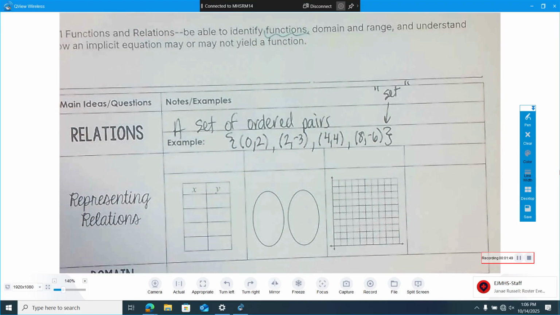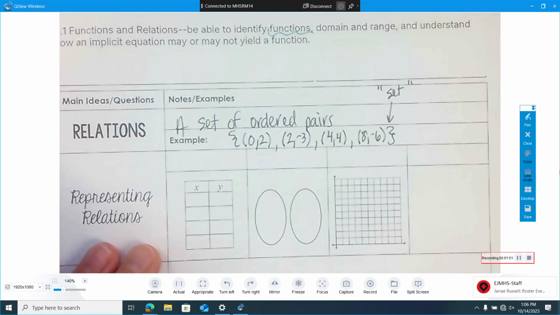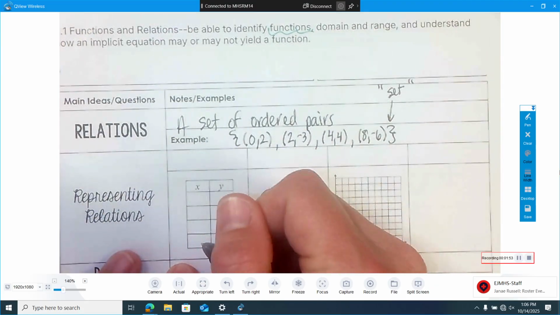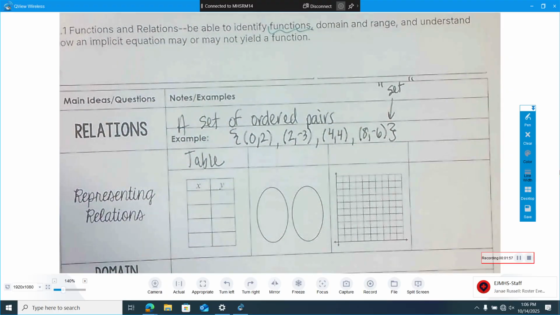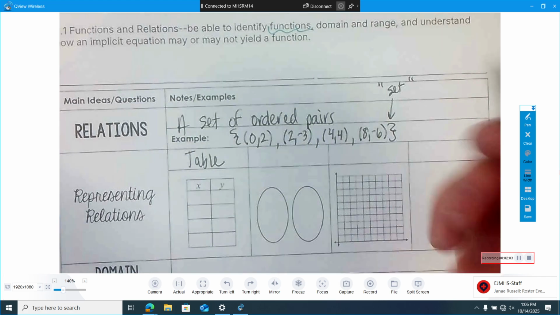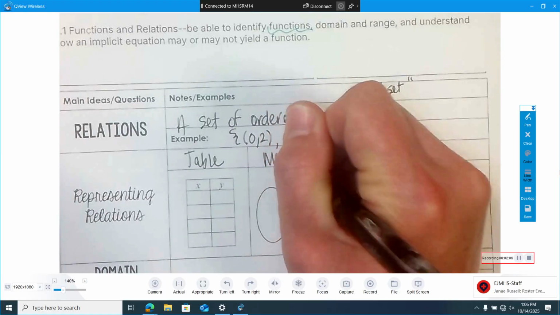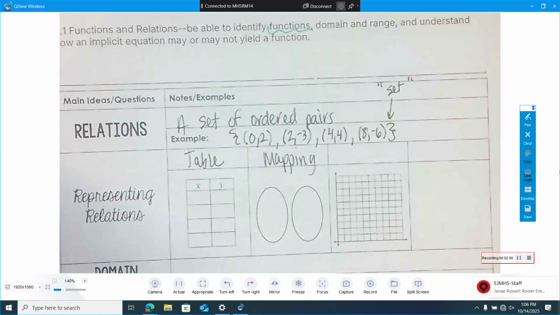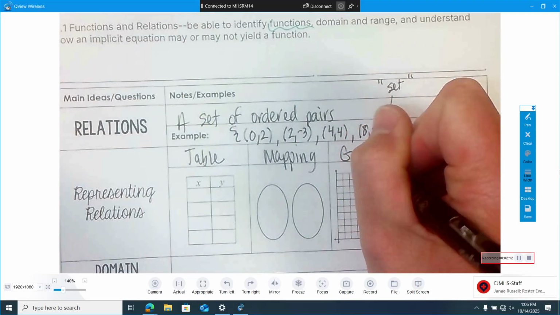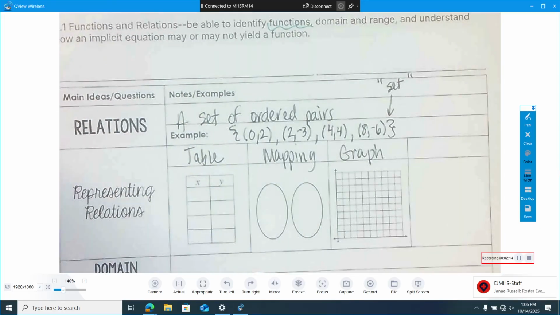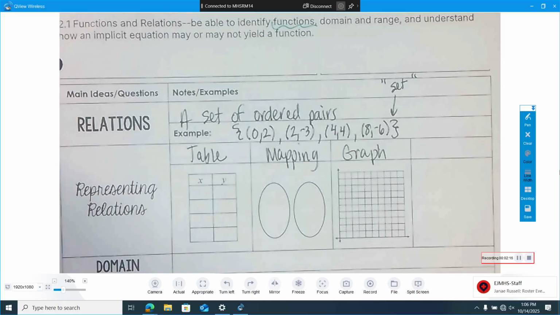We have 4 different representations of relations. The first, we could do a table, which is what you see here, an XY table, a table of ordered pairs. We have this mapping, called a mapping diagram, these 2 circles. We could graph a relation using the Cartesian coordinate plane if we wanted to.